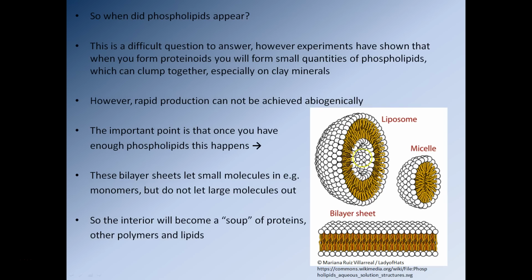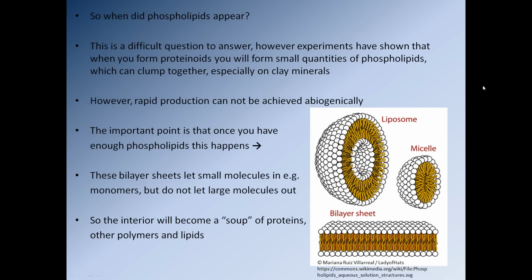So we can bring in small molecules into the cell, and we can use those small molecules to make larger molecules, but those larger molecules cannot escape. And so the interior of these cells made from this phospholipid cell wall essentially will build up a soup of proteins in the middle of them.